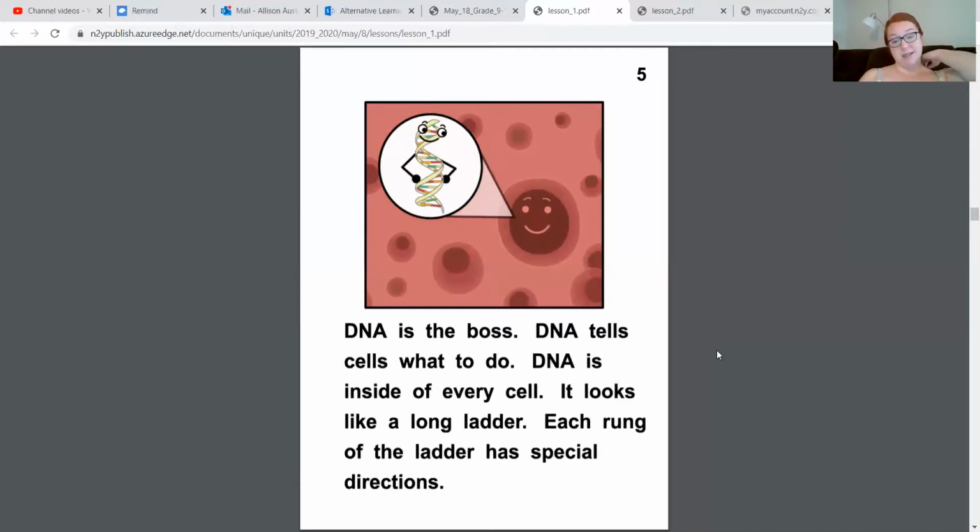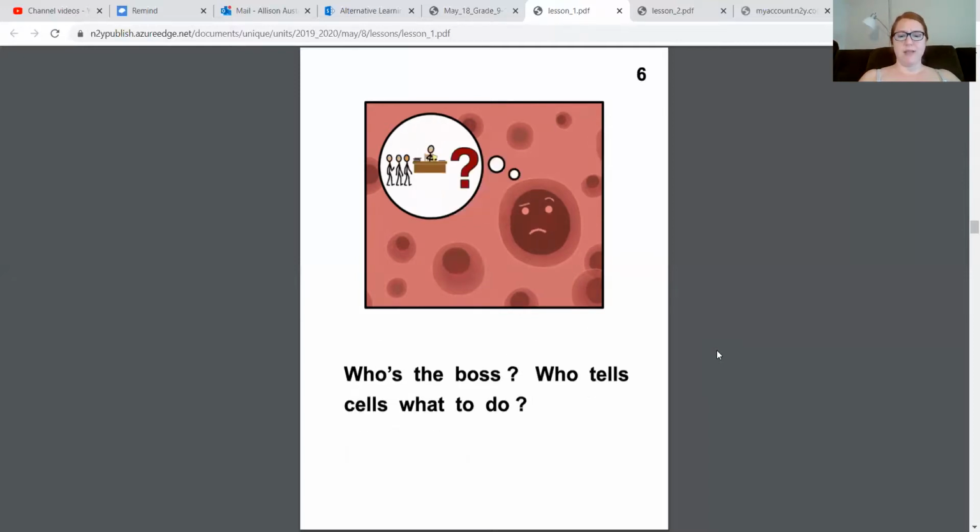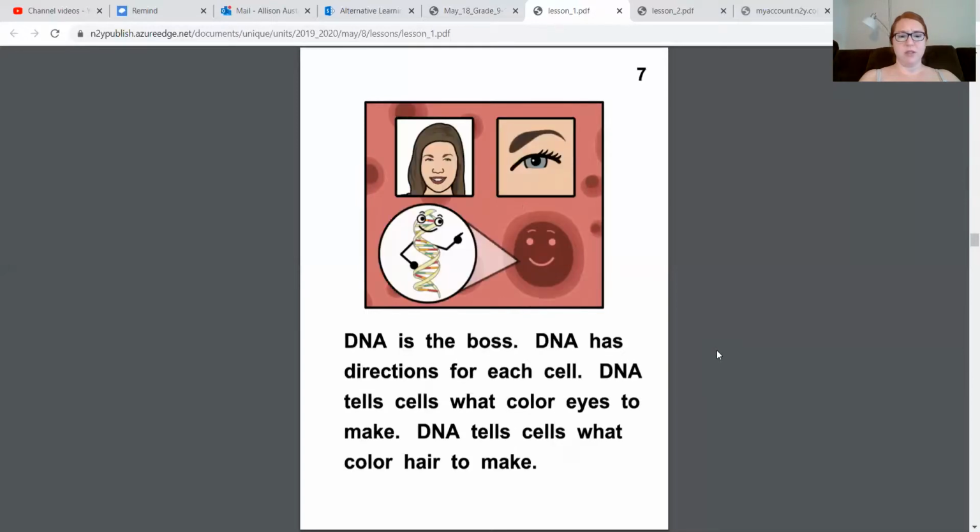DNA is the boss. DNA tells cells what to do. DNA is inside of each cell, of every cell. It looks like a long ladder. Each rung of the ladder has special directions. Who is the boss? Who tells cells what to do? DNA is the boss. DNA has directions for each cell. DNA tells cells what color eyes to make.